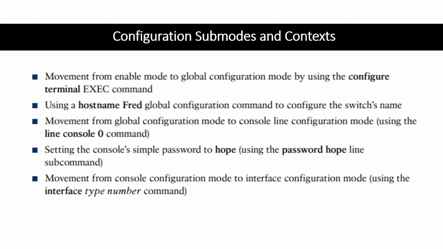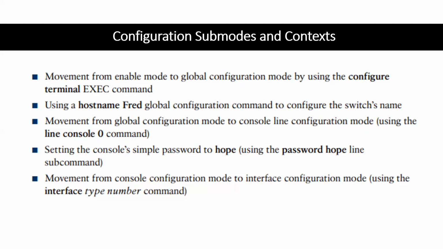And you can do a few things that we talked about. But let's say after Ryan configured the password in line console configuration mode, Mo wants to configure an interface with an IP address and different parameters. But Ryan didn't get out of line console configuration mode.